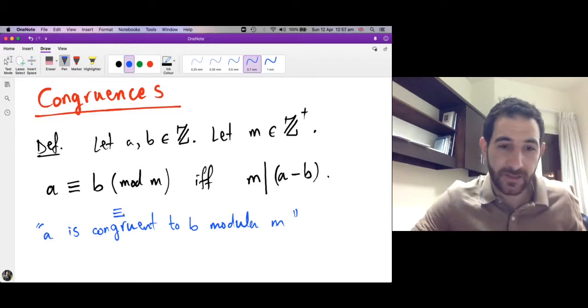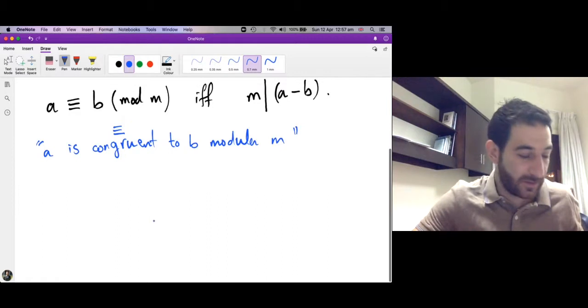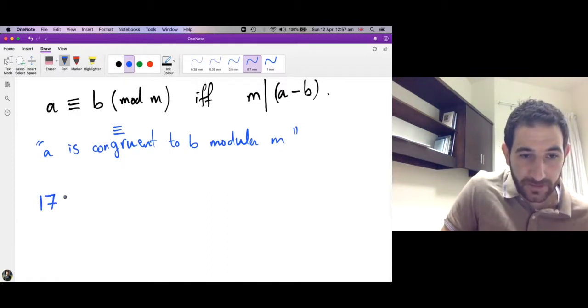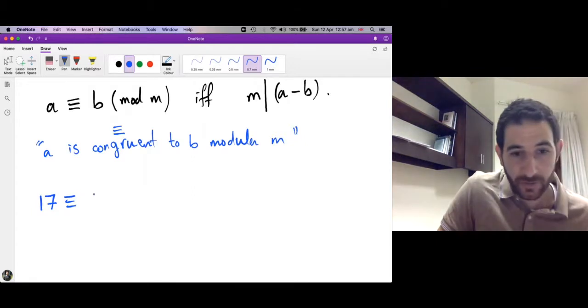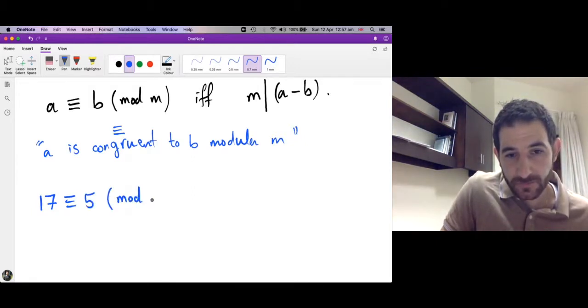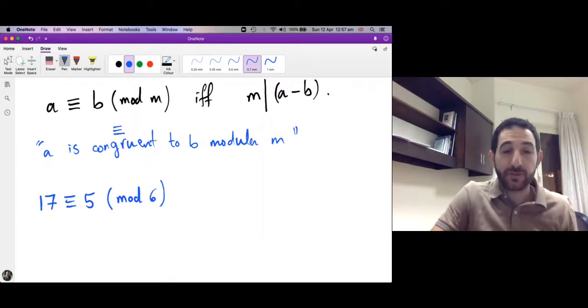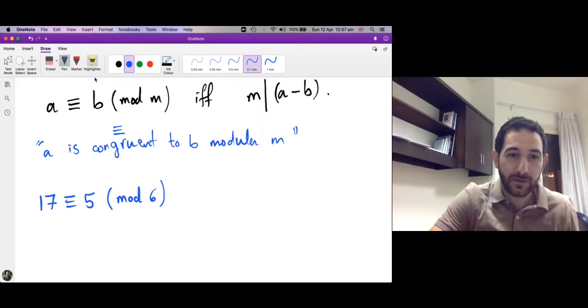Okay, so let's take examples. What do we mean by this relation? Do you think 17 is congruent to 5 modulo 6? The answer is yes. First notice that a is congruent to b modulo m is a proposition. It's a statement which is either true or false. Either m divides the difference between a and b or not.